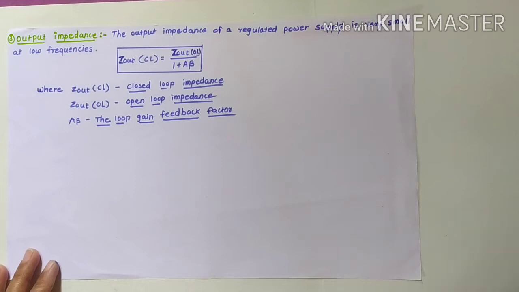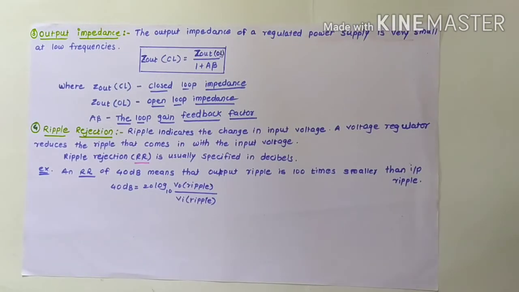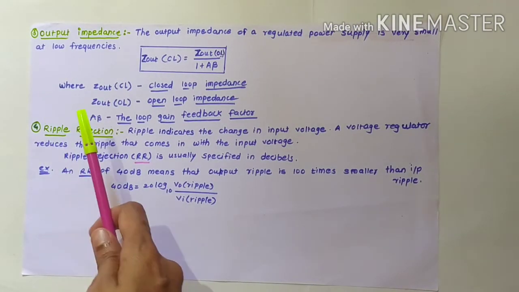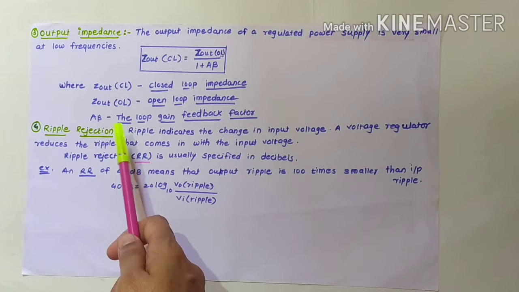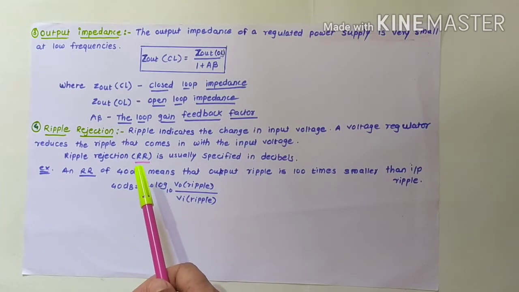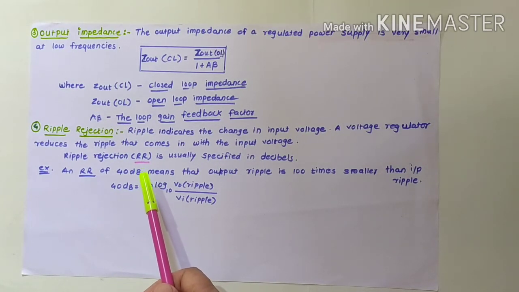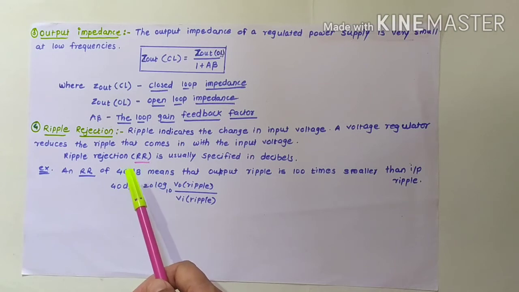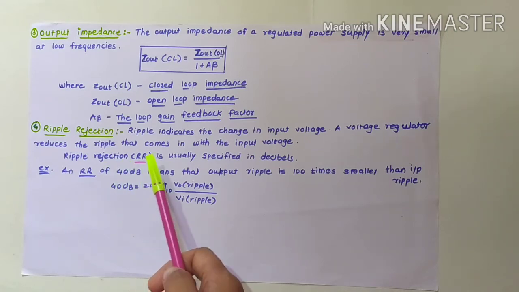Okay students, now let us see the next characteristic of a power supply, that is ripple rejection. As you know, the output of the rectifier contains a ripple factor that can be minimized with the help of a filter.